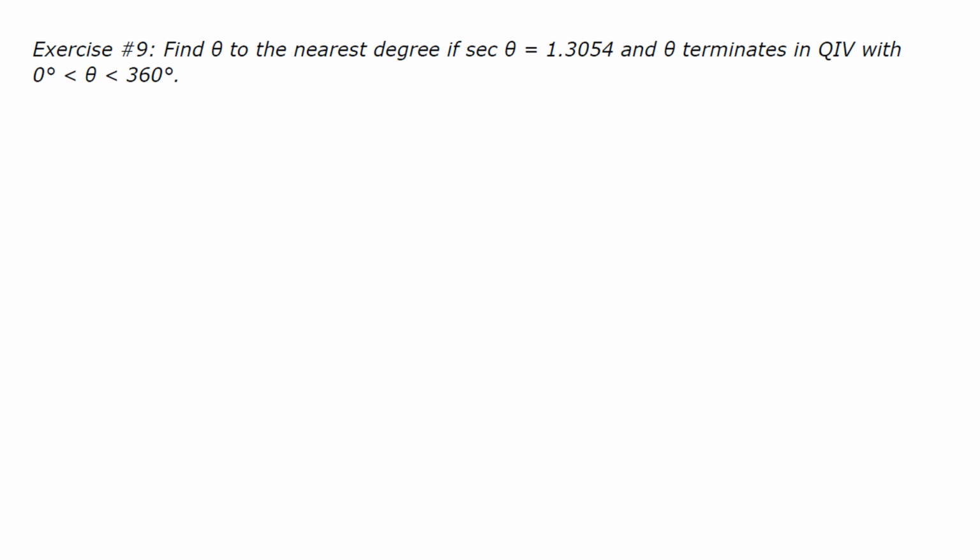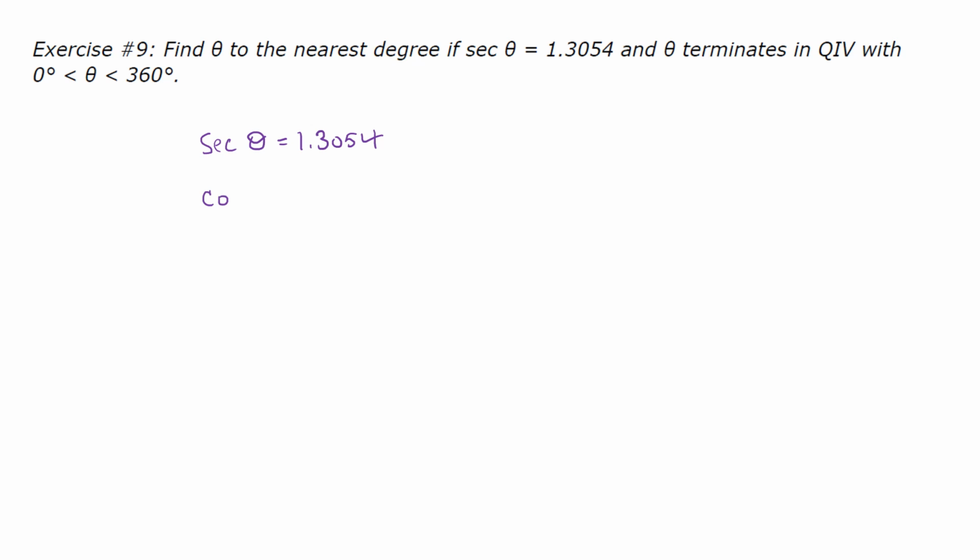Now we're asked to find theta to the nearest degree if the secant theta equals 1.3054 and theta terminates in quadrant 4, with theta being between 0 and 360 degrees. So they told us that the secant of theta equals 1.3054. Okay? Secant is the reciprocal of cosine.